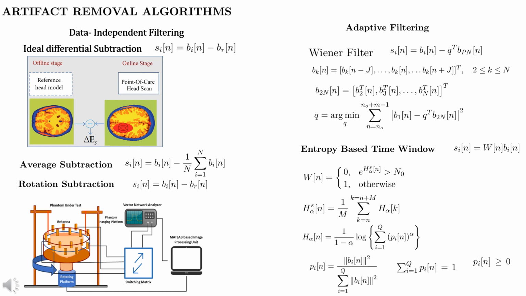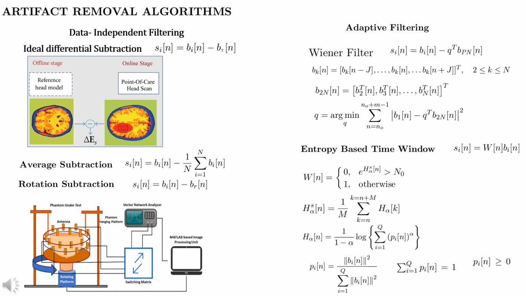By implementing these techniques, medical professionals can identify tissue anomalies, such as tumors or abnormalities, more accurately. The slide divides artifact removal techniques into two broad categories: data-independent filtering and adaptive filtering. Both approaches aim to minimize unwanted reflections and noise, thereby enhancing the quality of the reconstructed image and improving diagnostic capabilities.